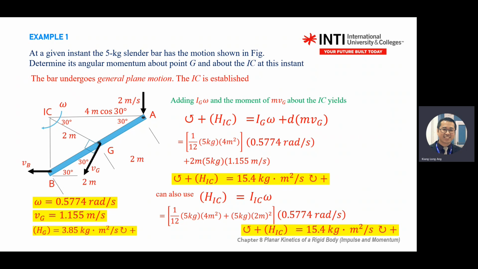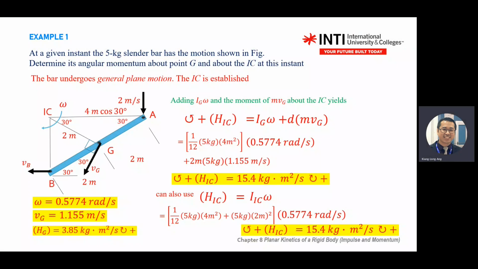But when you come to the IC point, you're referring to the same. So what is different from here? Here is G, this is IC. For IC, you have IG plus MD squared. This is the external term.